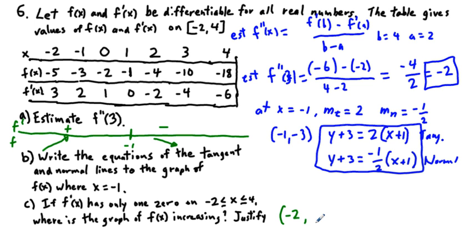Right, that's our zero at 1, because f prime of x is positive, say greater than 0. Okay?